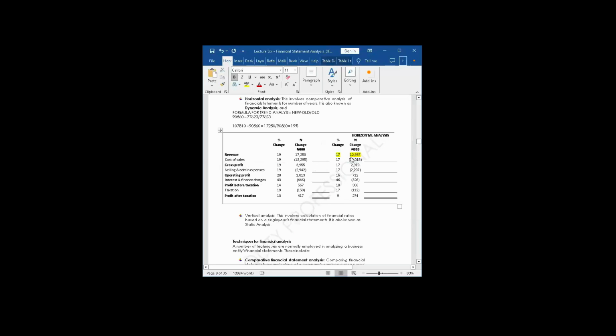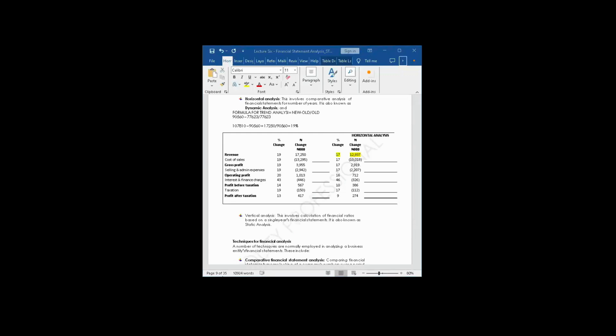It means that after the revenue grew by 17% from 2017 to 2018, the rate of growth increased to 19% from 2018 to 2019, which amounts to 17.2 million naira.